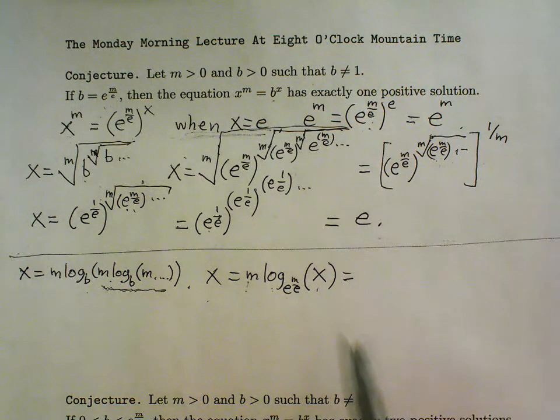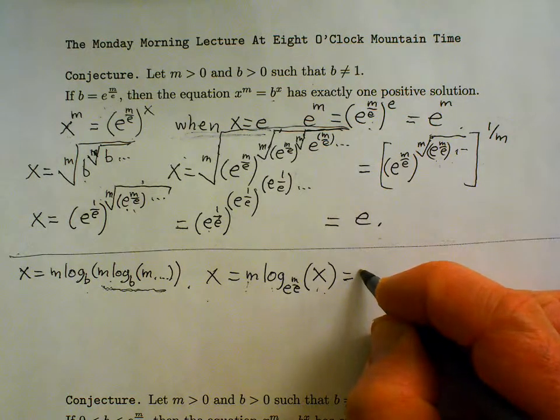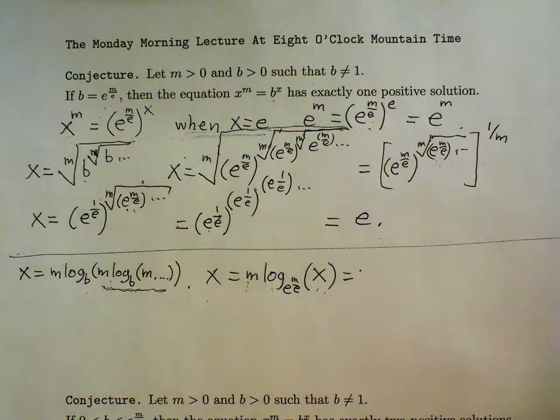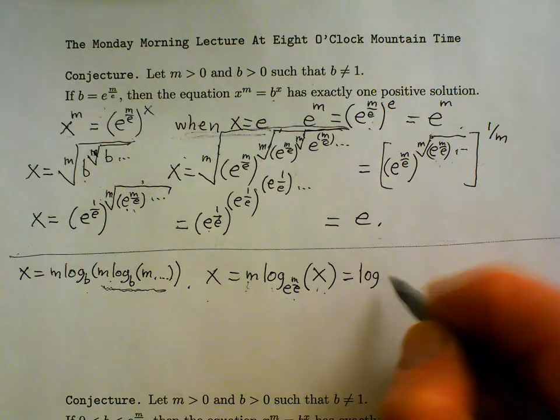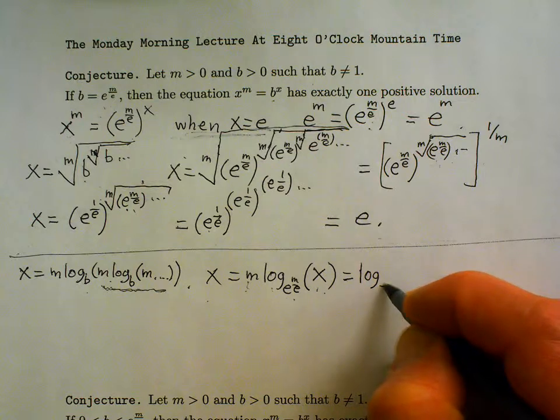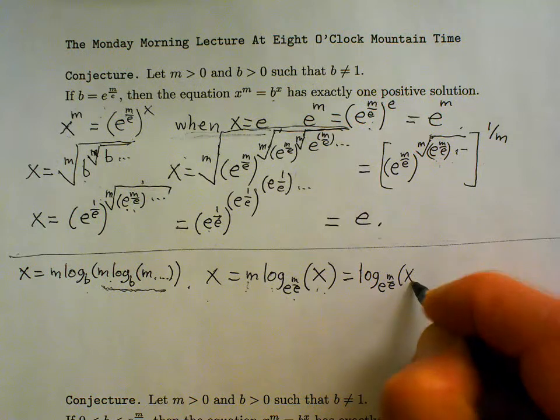But if we continue this process, in the next step, I'm going to rewrite this as the logarithm with base e to the m over e equal to x to the m.